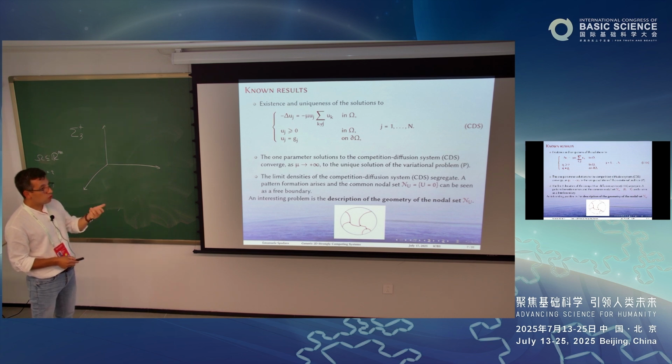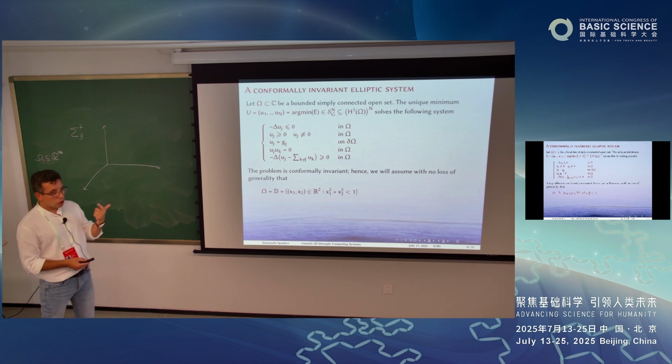And this one, after all, is a free boundary problem, where the free boundary is the nodal set of the solution, so where the densities are equal to 0. We are interested in the description of the geometry of these sets. So we'd like to understand the nodal set, which is the set where u is 0, or if you want, the set where a species exchanges into another. What is the geometry of this set, which is a free boundary coming from this system of PDEs.